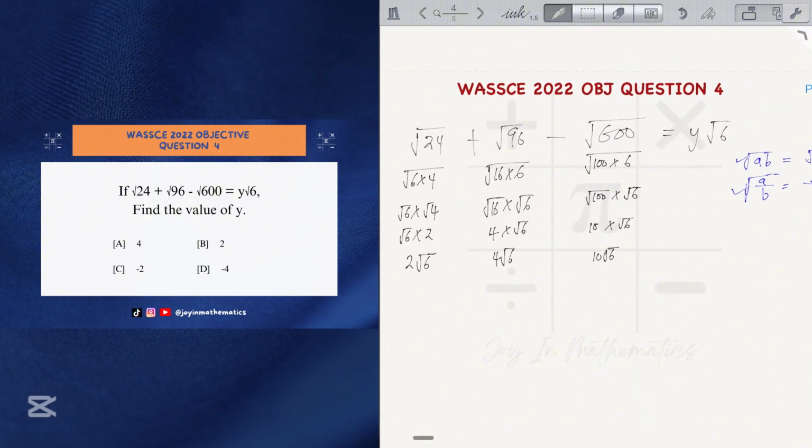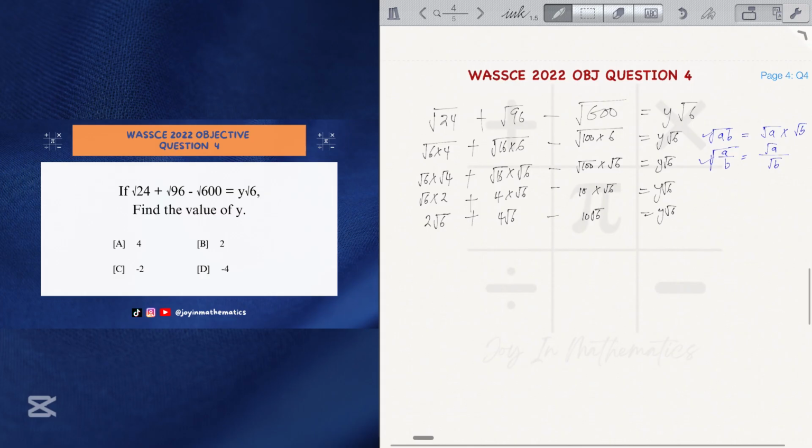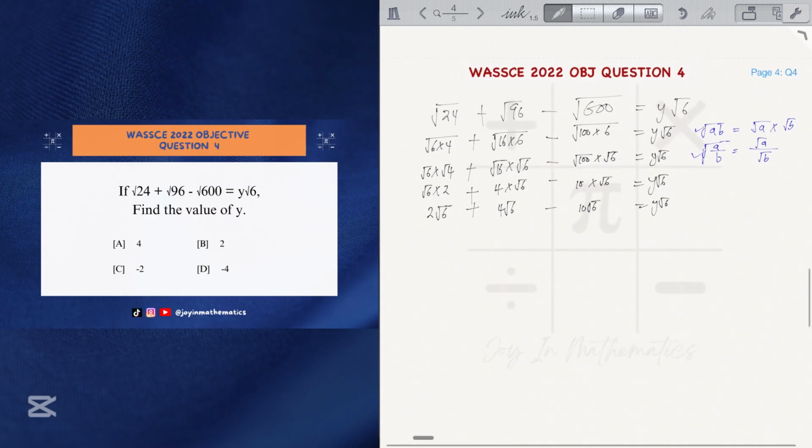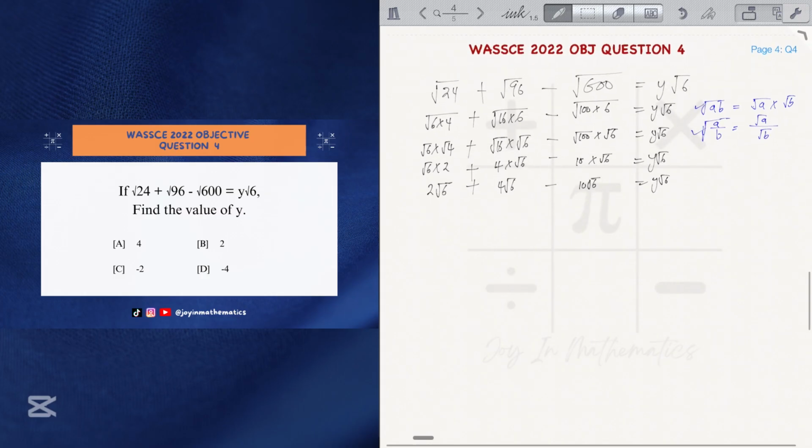Now let's apply addition to each and subtraction to each, and all we have to do is bring this down: 6 y root 6, y root 6, y root 6, and also y root 6. Now, in the addition and subtraction of surds, how do we add and subtract surds? All we have to do is to know whether they are the same surds.